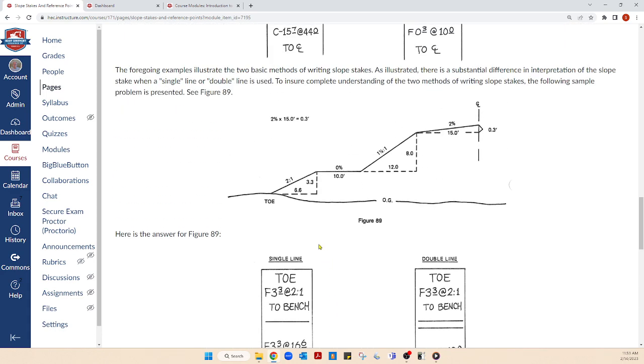So let's go up here back to the stake. And now we're looking for fills. There's 3.3 plus another 8 foot. 8. That gives us 11.3 plus another 3/10.